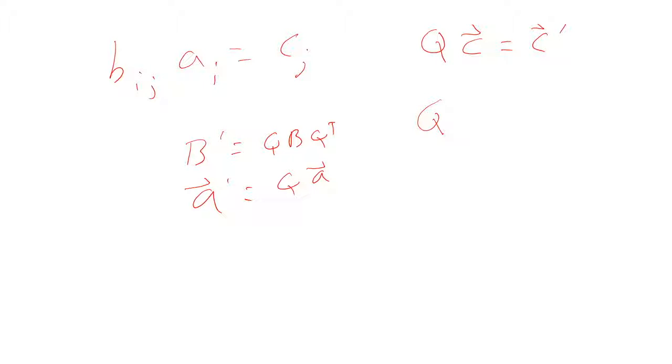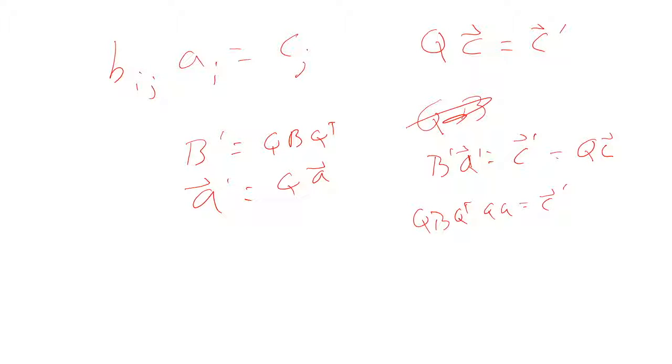So what I need to show is that B prime A prime equals C prime, which is also equal to QC. If I just plug this in, QBQ transpose times QA is C prime.